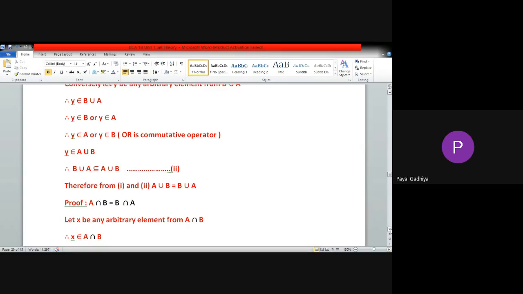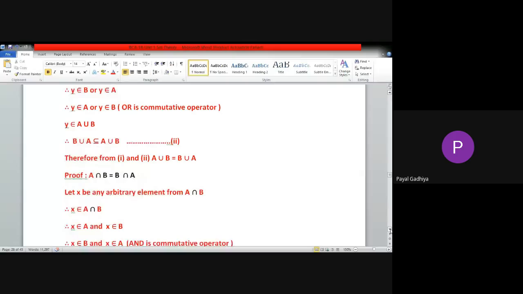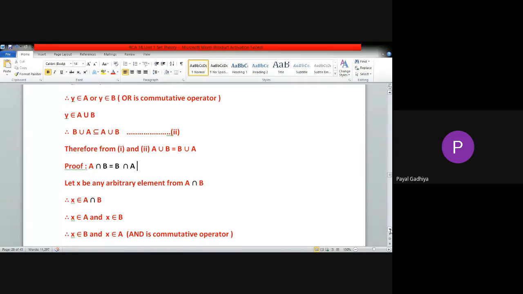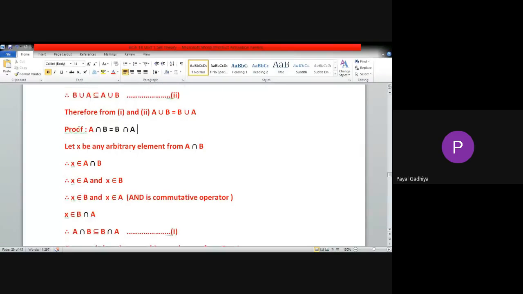Okay, so answers were given by Rasesh, Manish, Mansoor, Preet. Here I'm showing you on the screen. The proof will be the same for union and intersection.